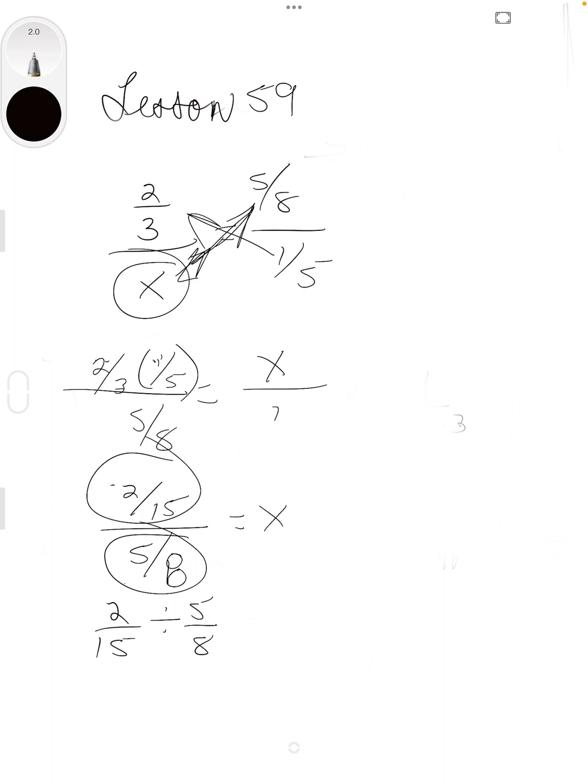But we don't divide fractions. That becomes 2/15 times 8/5. If you have a fraction divided by a fraction, we just make it multiplied times the reciprocal, and this becomes 16 over 75. 2 times 8 is 16, 15 times 5 is 75. That's what x is. You never would have guessed that.